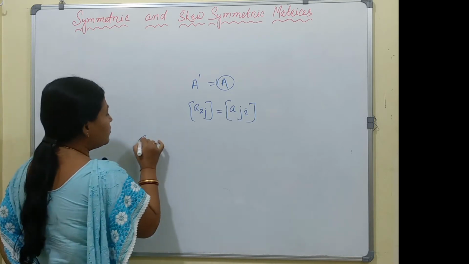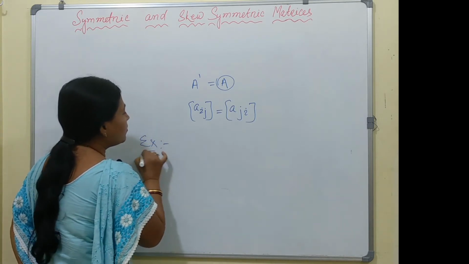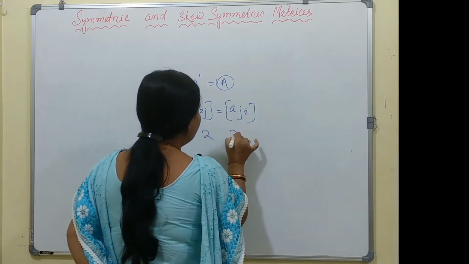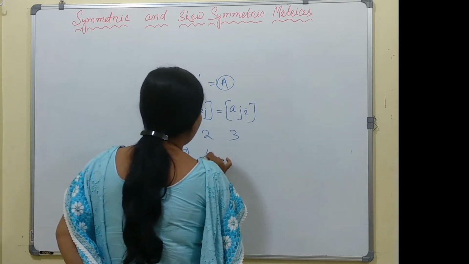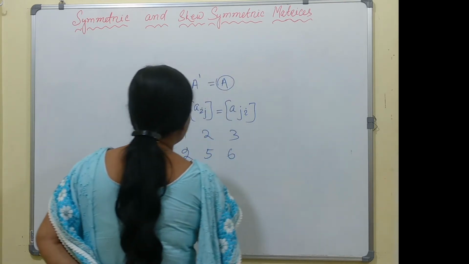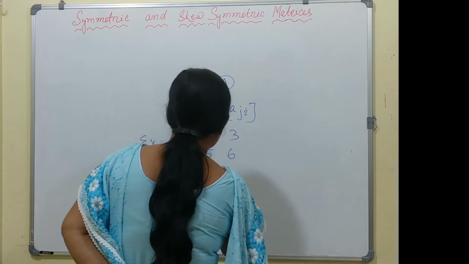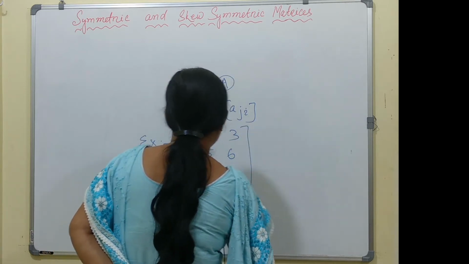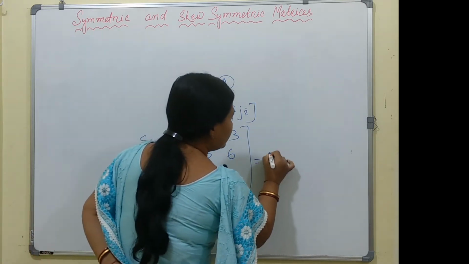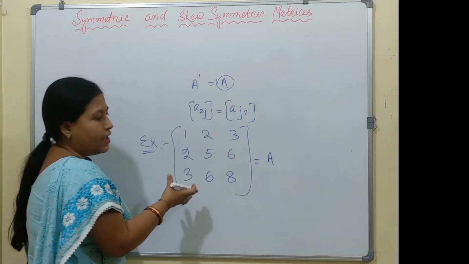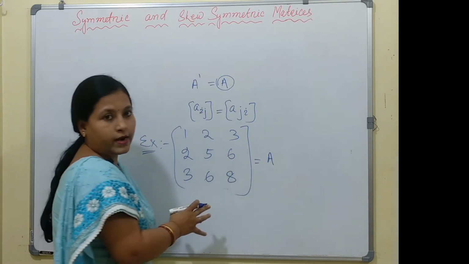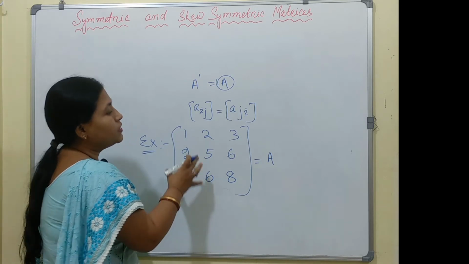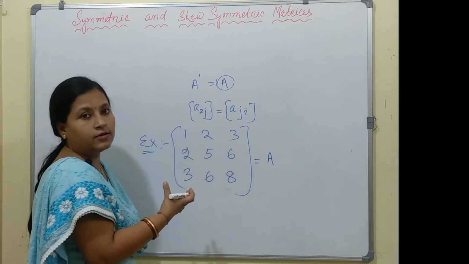So for example, 1, 2, 3, 2, 5, 6, 3, 6, 8. If this is a matrix A and this is also a square matrix, let us find out whether this is a symmetric matrix or not.